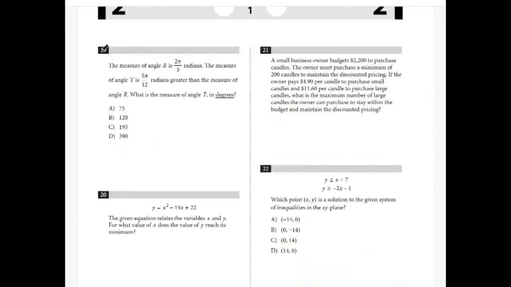Okay. Question 19, the measure of angle R is 2 pi over 3 radians. The measure of angle T is 5 pi over 12 radians greater than the measure of angle R. What is the measure of angle T in degrees? So we have R is 2 pi over 3 and T, since it's greater, I need to add an R here.